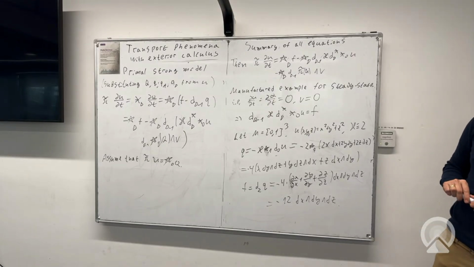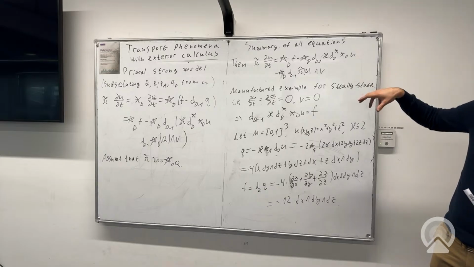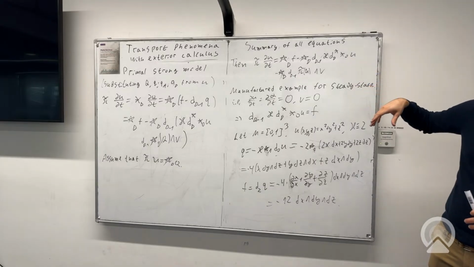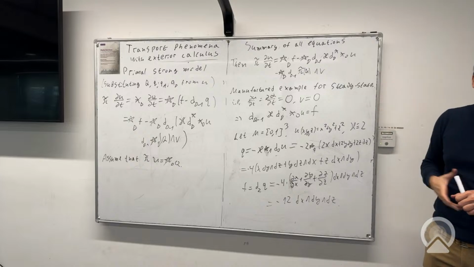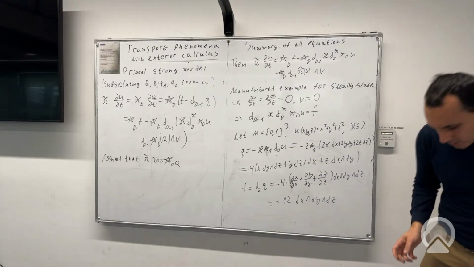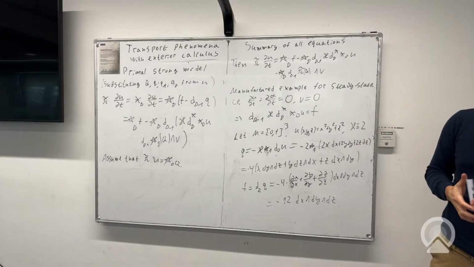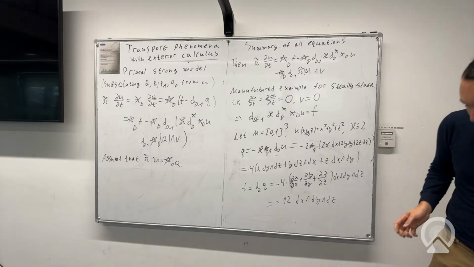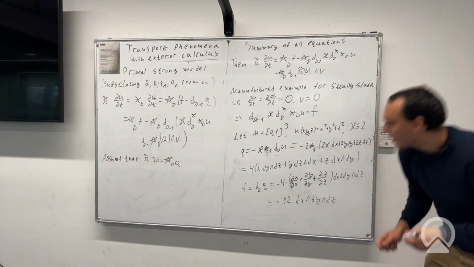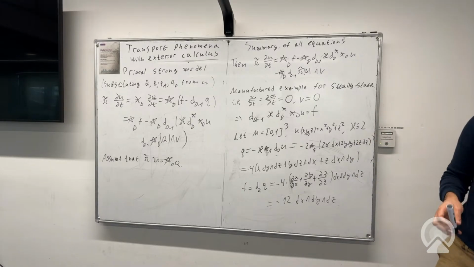And in the last lecture I will introduce the discrete model, which is almost the same, and the weak formulations, primal weak and mixed weak. And then maybe show other examples and how I test everything.